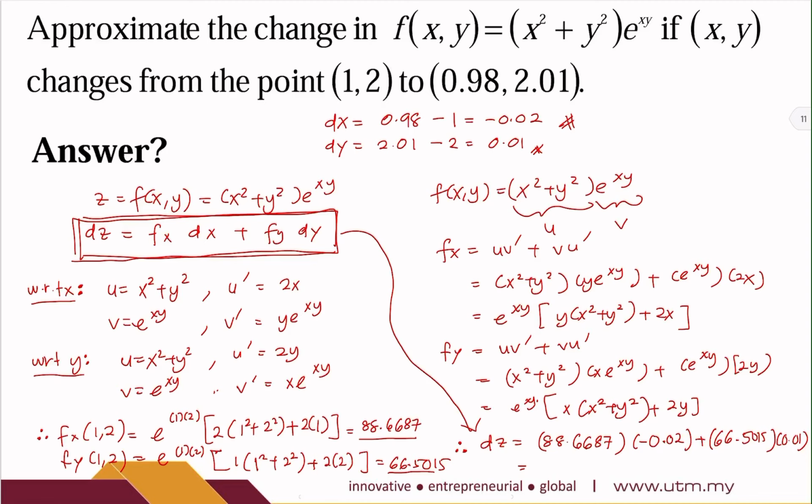So our answer is negative 1.10835, we use four decimal places. Therefore the approximate change for z here is negative 1.10.